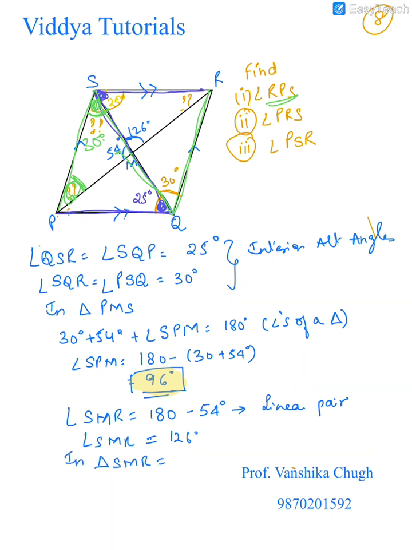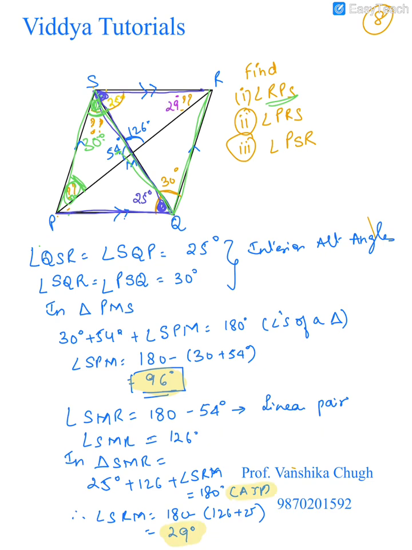In triangle SMR, you have 25 plus 126 plus angle SRM is equal to 180 degrees. You can just write angle sum property. Therefore, angle SRM is equal to 180 minus (126 plus 25), which gives you 29 degrees.